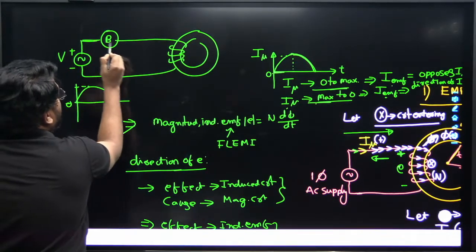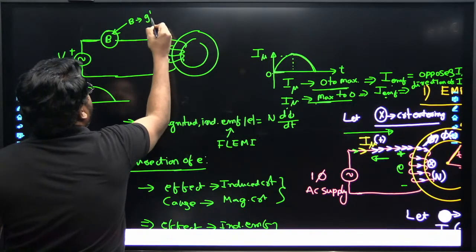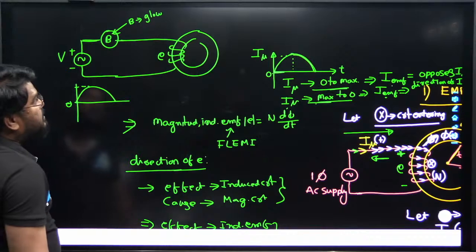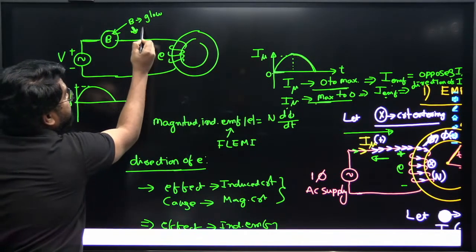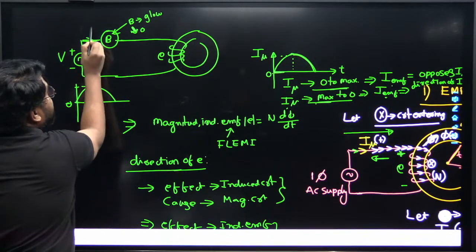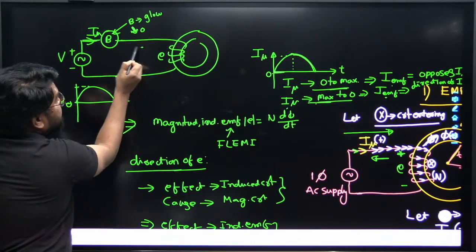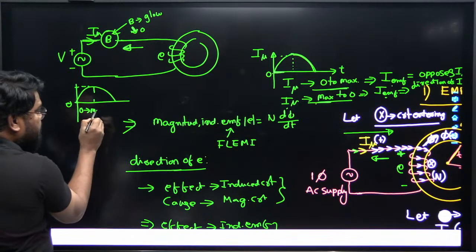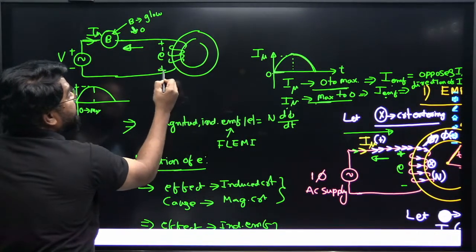When it goes from 0 to the maximum, the bulb will glow, right? After some time, what will happen? EMF induces. In order to reduce the brightness of the bulb, the induced EMF current must oppose the magnetizing current when it changes from 0 to the maximum value. So this polarity is positive and this polarity is negative.